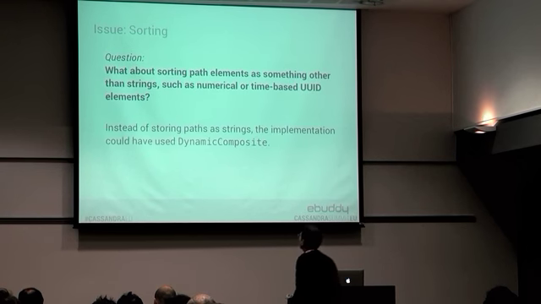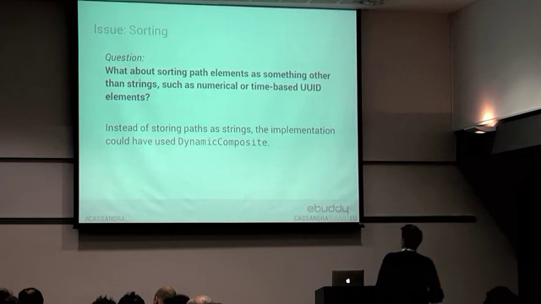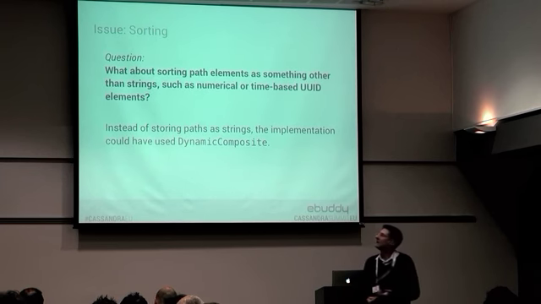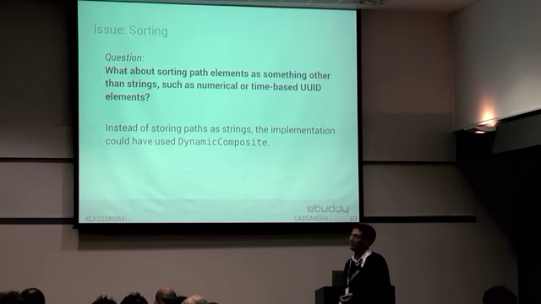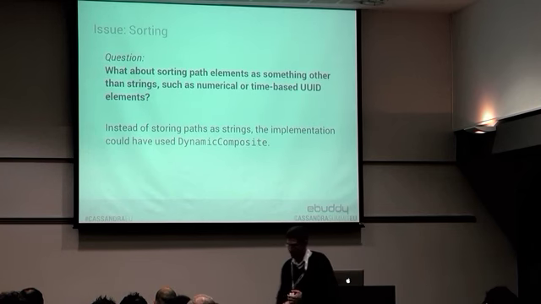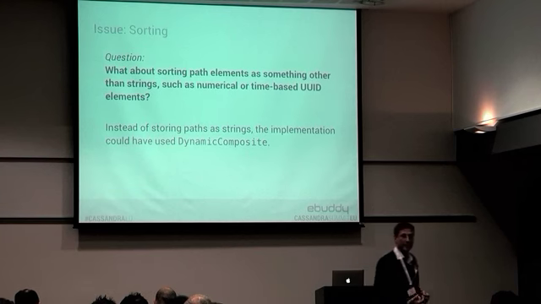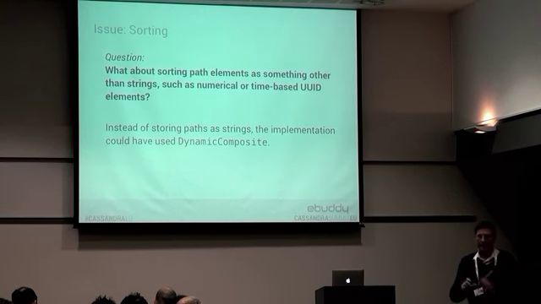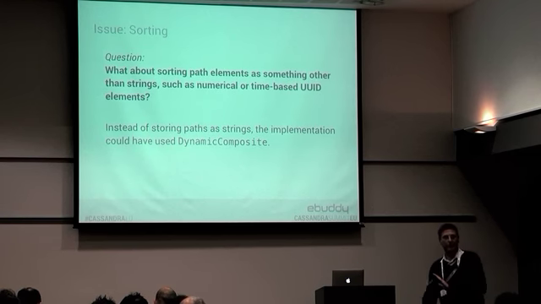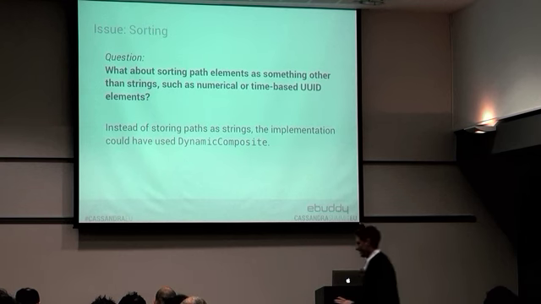Well, instead of storing the paths as strings, an implementation decision could have been to use dynamic composite keys. That way, each path element can have its own data type, and at each level can be sorted according to that data type.